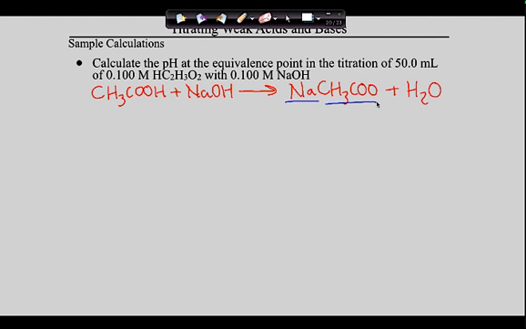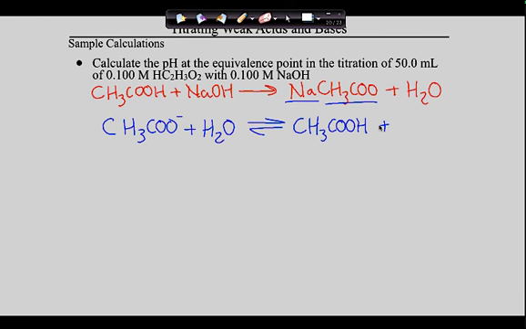So then, based upon that thought, you then go, okay, now I know what's going on at equivalence, and you can write your next equation that says the chemistry that I'm going to study at equivalence is the ion that attacks water attacking the water.